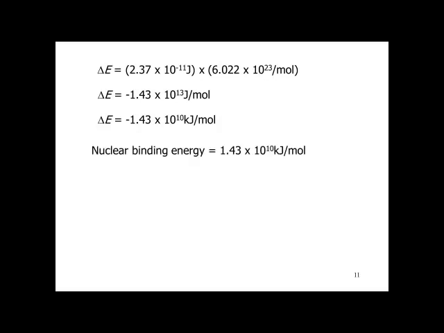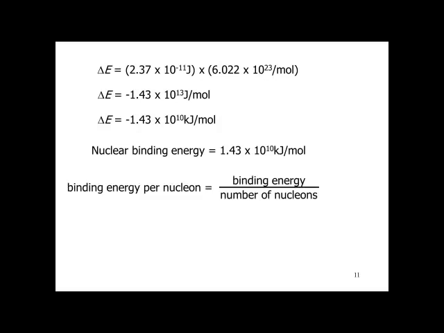The nuclear binding energy is that 1.43 times 10 to the 10th kilojoules per mole. If we divide by the number of nucleons, the number becomes 2.37 times 10 to the minus 11 joules divided by 19 nucleons. We get 1.25 times 10 to the minus 12 joules per nucleon.